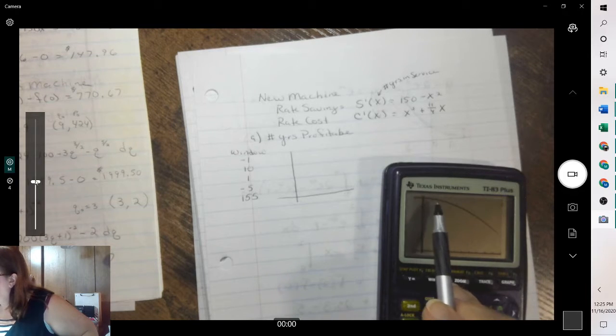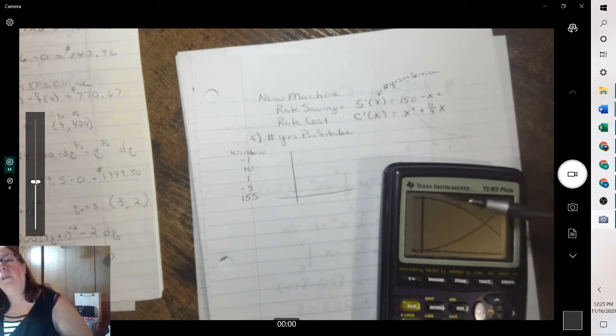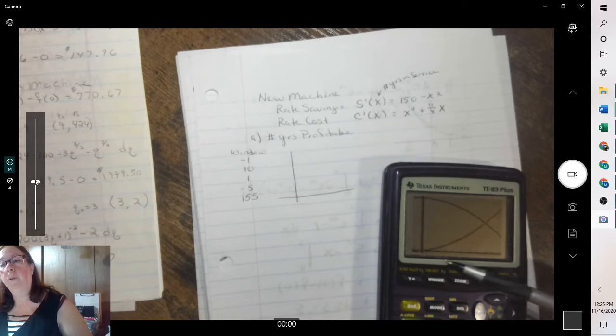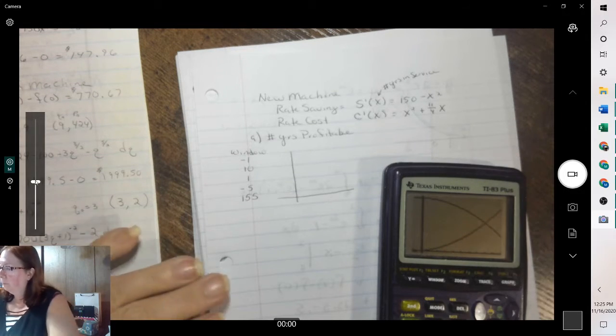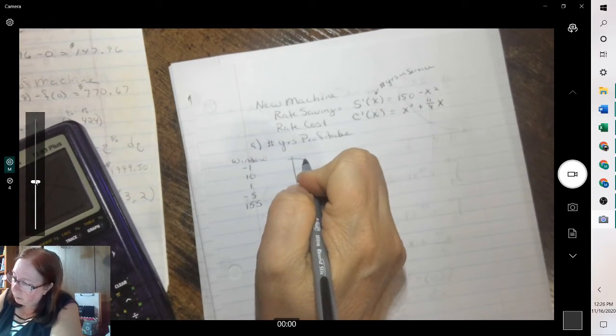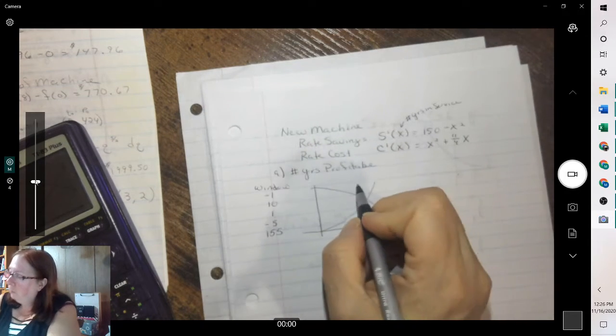Now the one I entered first is the one graphing first. We also know that it's a -x squared, so it would be going down, where the other one's a +x squared, so a parabola going up. So this one graphed first.